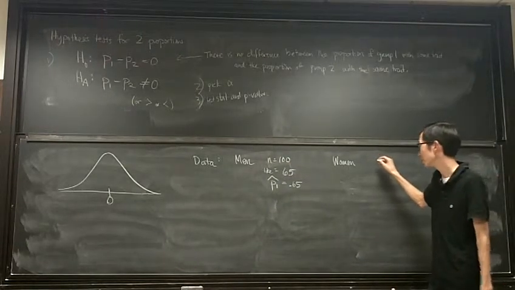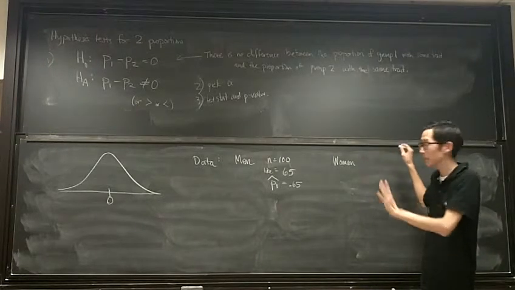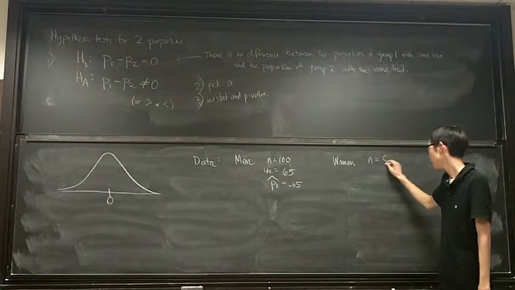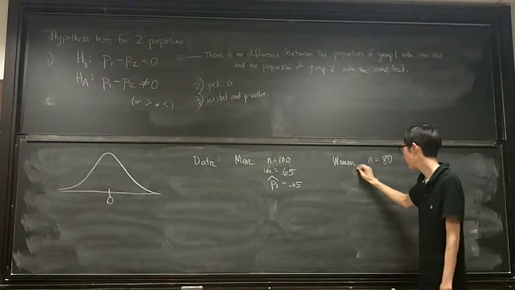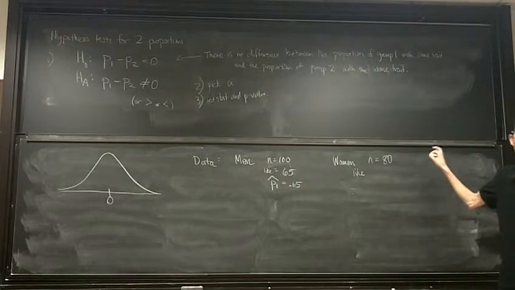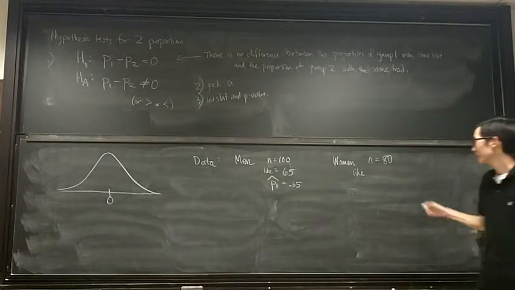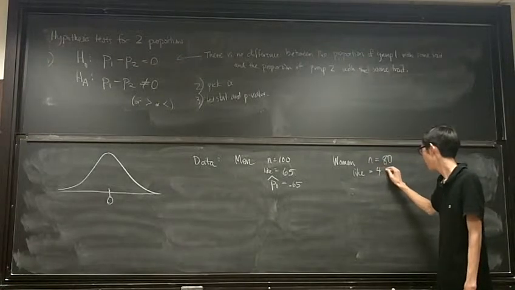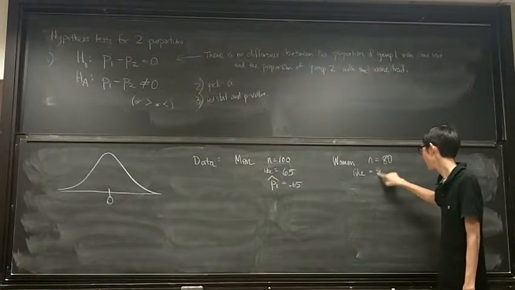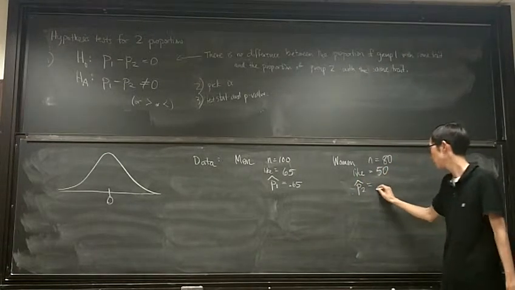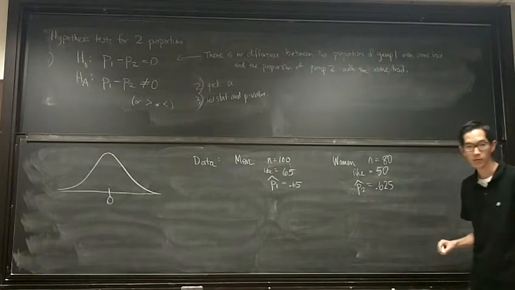And then for women, the size doesn't have to be the same. Let's say we asked 80 women, and the number that liked it, let's say 50. So P2 hat is 0.625.